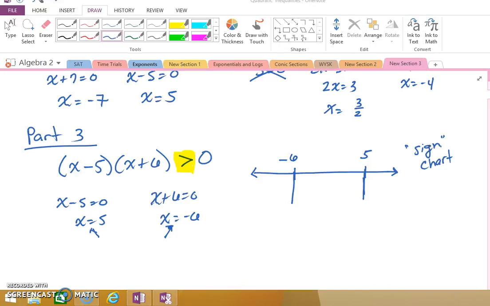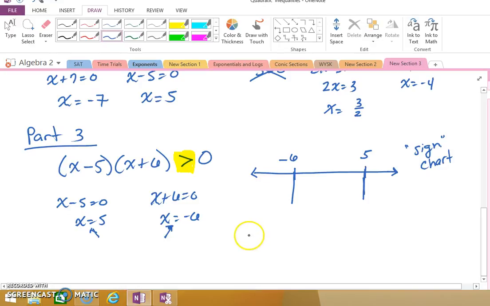Now what the sign chart is going to do is it's going to tell me in what places on this number line are the values of x going to give me numbers that are greater than 0 and numbers that are less than 0. So the way that it does that is we look at the first terms in each of these factors. So once it's factored, we're going to take the first term of every factor that we have. So in this case, it's x and x.